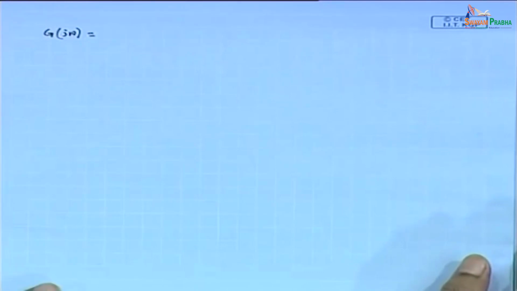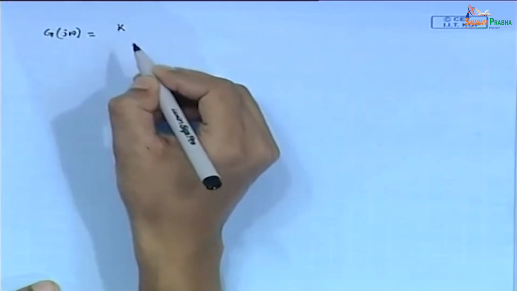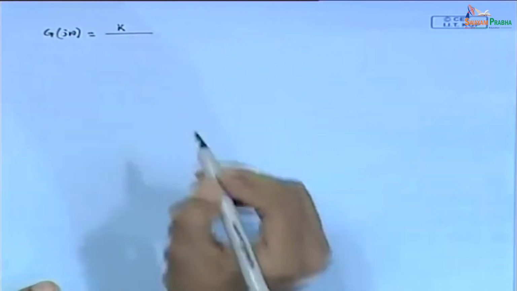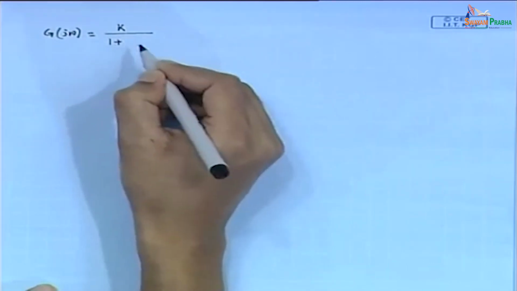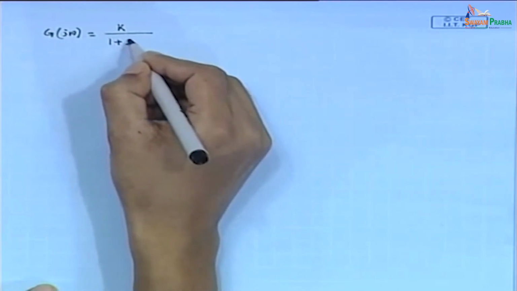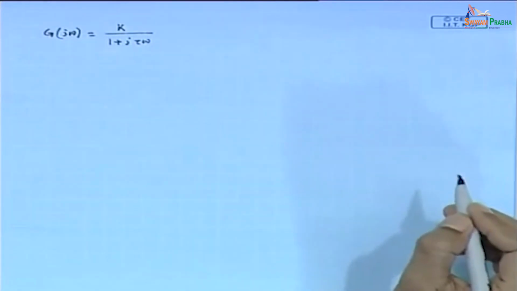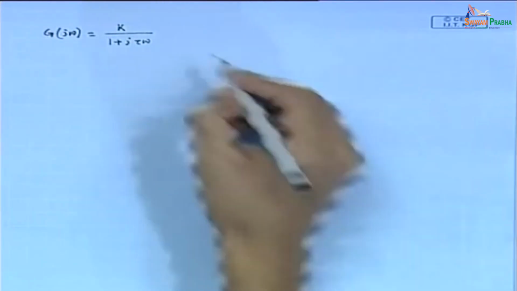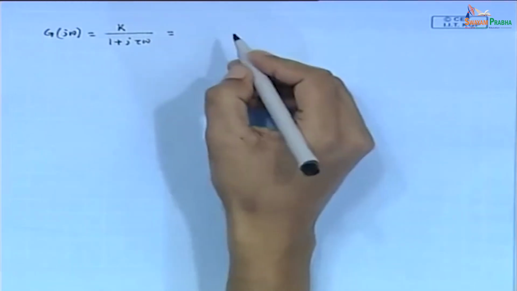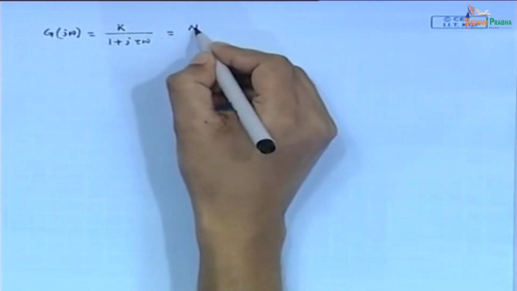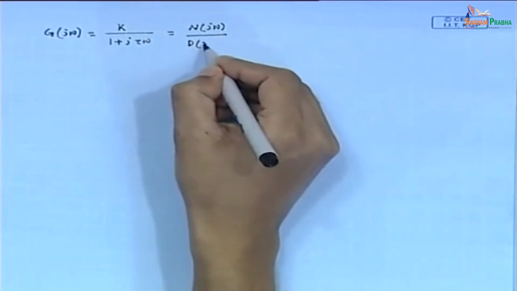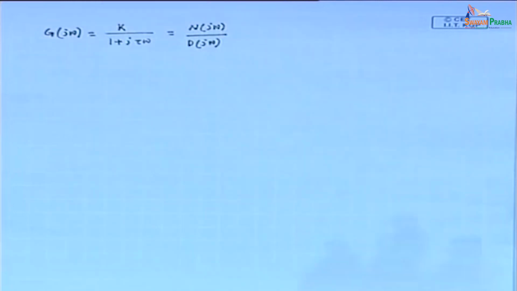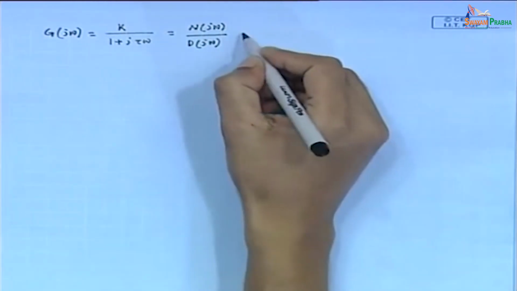The frequency response transfer function we obtained as G(j omega) equals K divided by 1 plus j tau omega, which can be written as N(j omega) divided by D(j omega).